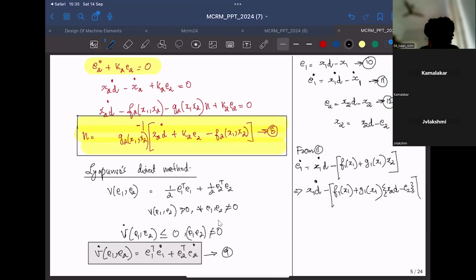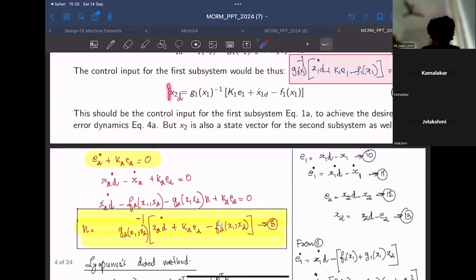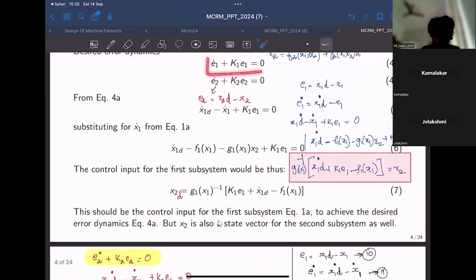I hope I'm correct so far. And in place of this x2 desired, we have already found it to be this term, right? It is only when x2 desired is this that we'll be able to follow this first order dynamics system.